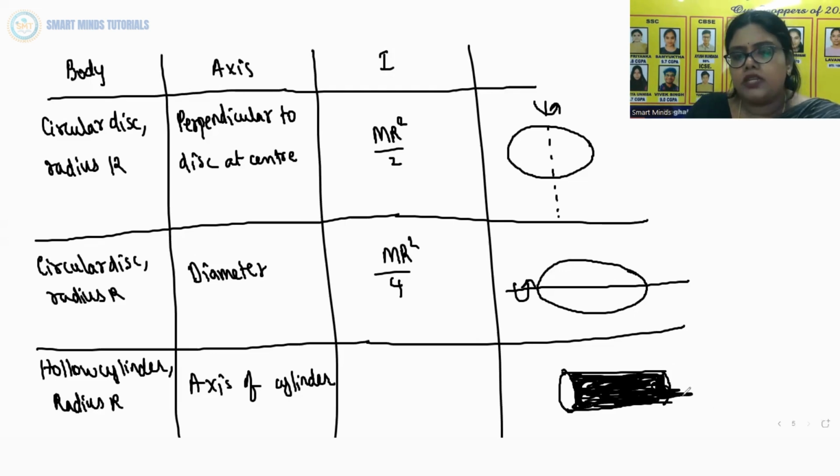This is the hollow cylinder, which means it is open at one end. Here, this is the axis of rotation. And here the moment of inertia is mr square.